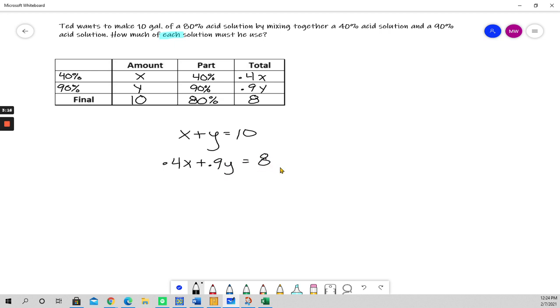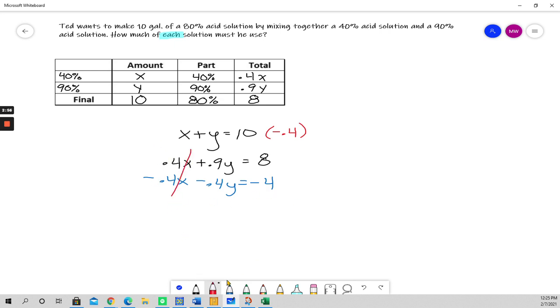I'm going to choose to get rid of my x's, so I'm going to multiply my top equation times negative 0.4. When I do that, I'll have negative 0.4x minus 0.4y equals negative 4.